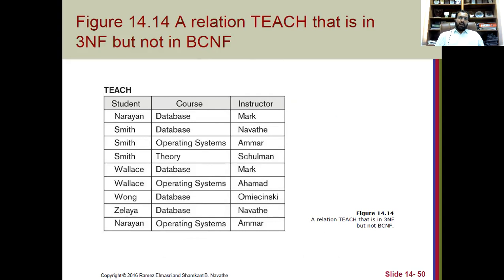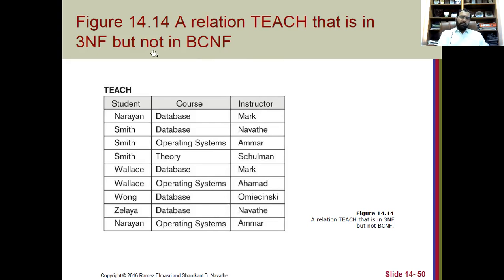Now suppose we have a teach relation with three attributes: student, course, and instructor. It is up to you to work out why it is in 3NF and why it is not in BCNF. Let's assume I give you this task as an assignment. You can determine the various kinds of FDs which exist here, and then find out why it is in 3NF and not in BCNF.